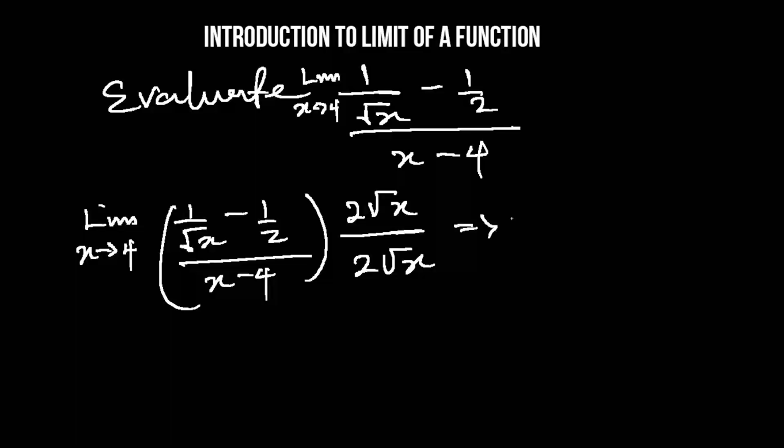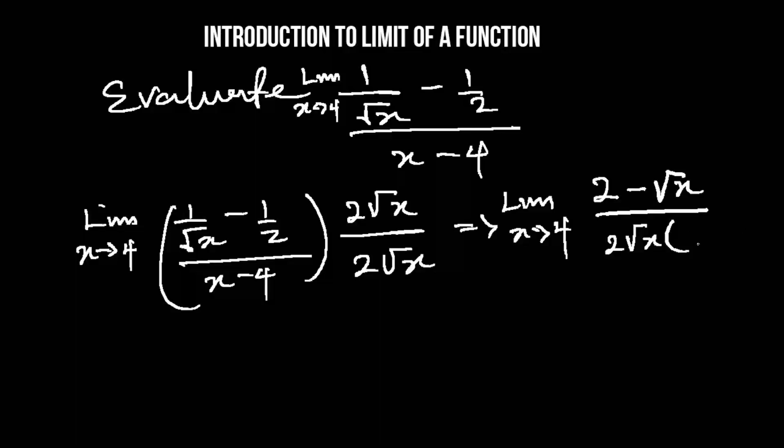So the limit as x tends to 4 will be, the root x cancels, sorry, it's supposed to be 2, not root x, so that will be 2 minus root x divided by 2 root x into bracket x minus 4. So this is exactly what I'm going to have right now.